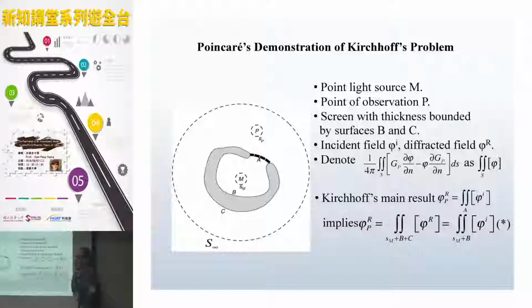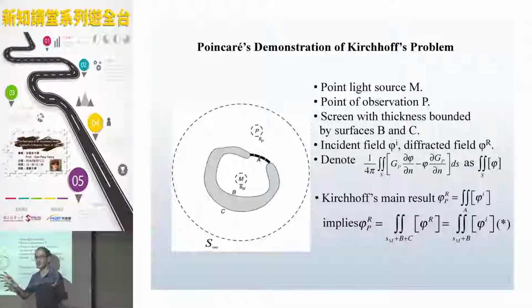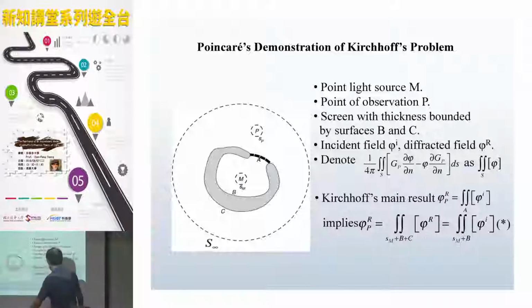And this implies something interesting. From Green's theorem, the actual diffractive fields at the point of observation should come from three different surfaces: the small surface SM, the surface B, and the surface C, right? Because they are the only surfaces in the whole space.